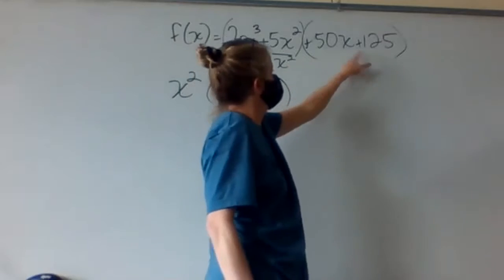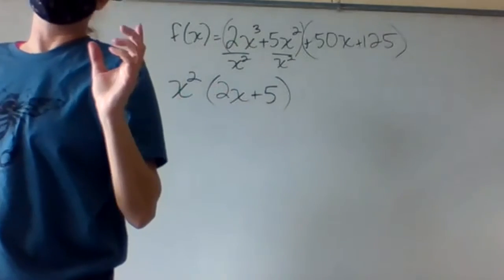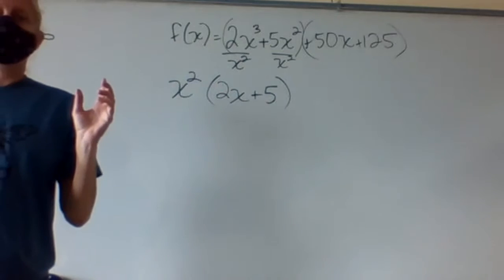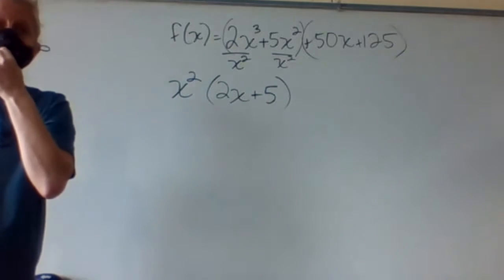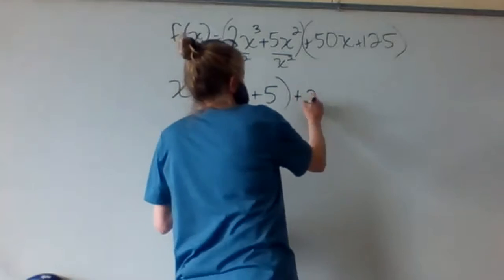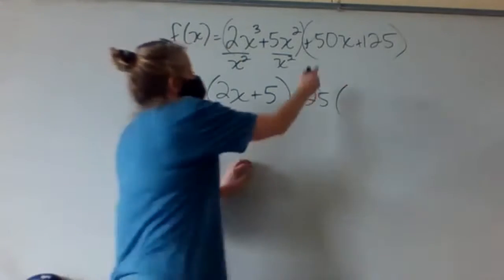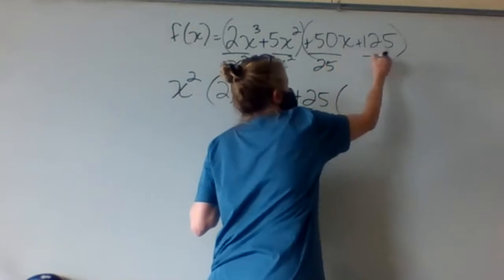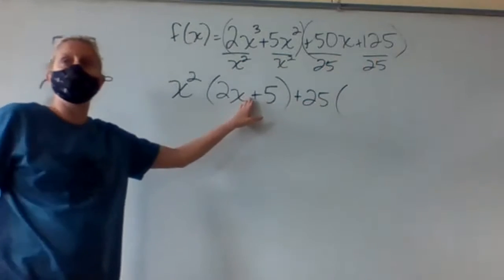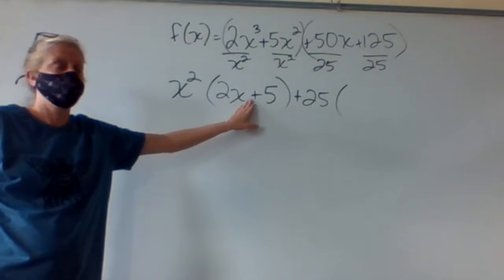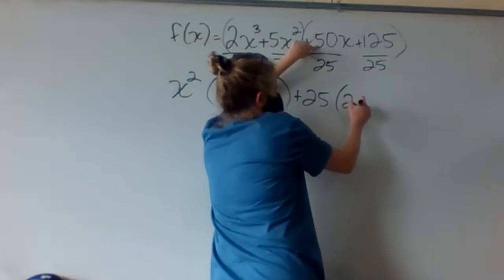What's in common in the second group? What's the biggest number that you think probably goes into 50 and 125? 25. Right, so I'm going to pull out a 25. Divide by 25. What is supposed to be left in this second parenthesis? The same thing that's left in this first one. So let's see. When I divide this by 25, what's it going to give me?